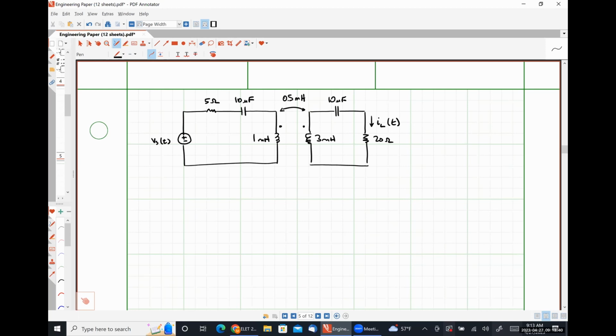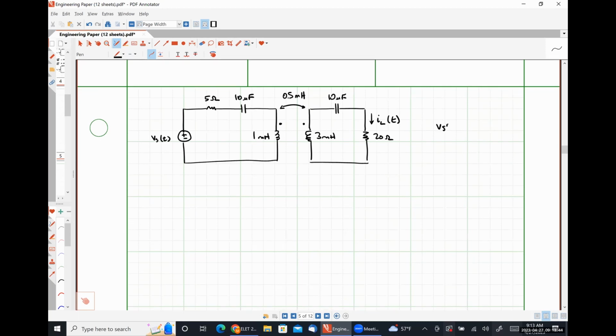So this is what our circuit looks like in the time domain. Let me tell you explicitly here that Vs of t is 10 cosine of 2 pi times 10 to the 3 t volts.